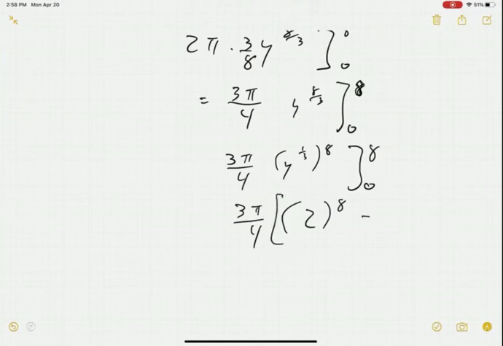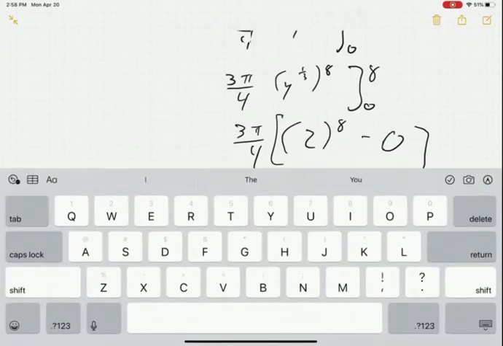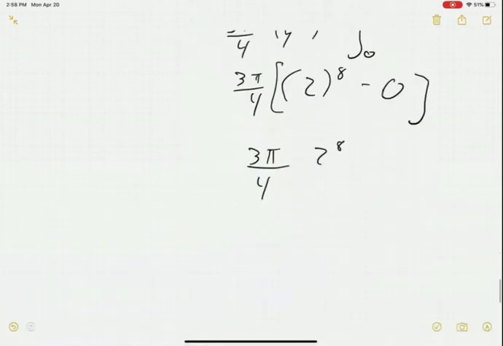Okay, so I got 2 to the power of 8 minus, and then my other one's just going to be 0. So I have 3 pi over 4 times 2 to the power 8, and that should be fairly easy to find. 4 would be 16, 32, 64, 128, 256 divided by 4.